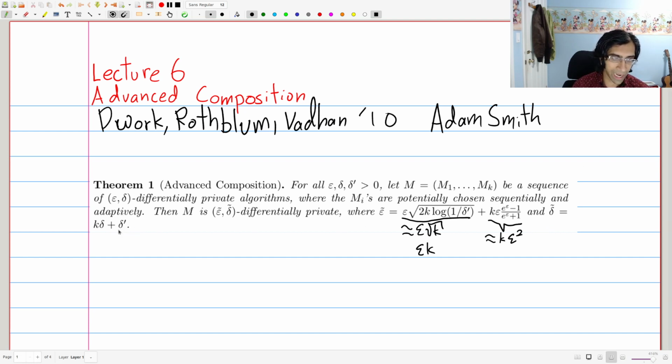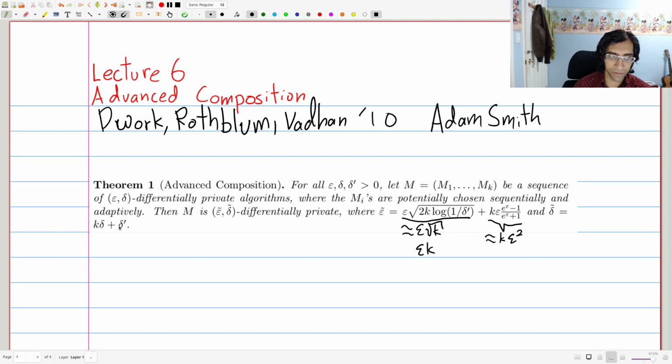And the final comment to make on this definition is the delta prime here. Notice that we have this delta prime here and this delta prime here. It shows up in two places simultaneously. So you can think of it as a trade-off between how big we want the epsilon tilde to be versus the delta tilde. If we choose delta prime to be large, then we have something smaller multiplying epsilon, so this will shrink.